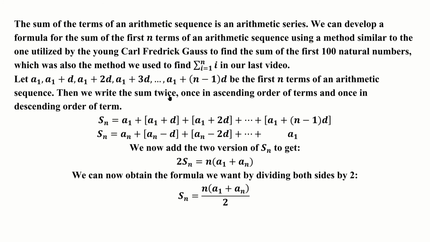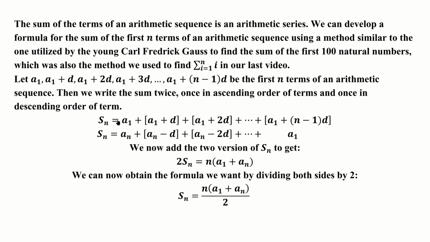Then we can write the sum twice. Remember, S_n represents the sum of the first n terms of a sequence. Now, the sequence may just be finite and only have n terms, or it could have infinitely many terms. It makes no difference. But S_n represents a finite sum only from 1 to n.